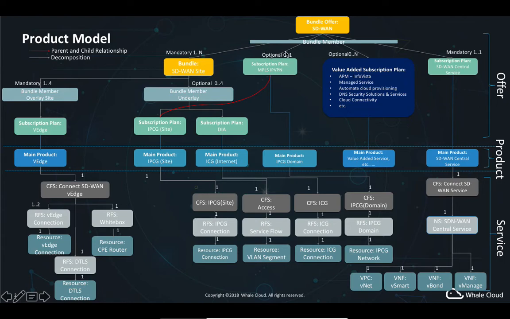You can also have some value-added services such as the APM from InfoVista, managed services, cloud connectivities, etc. And we can also define the relationship between the IPCG access site and the MPLS IP VPN.